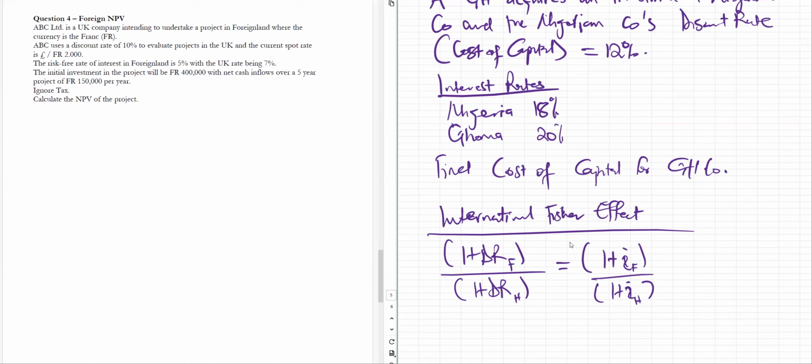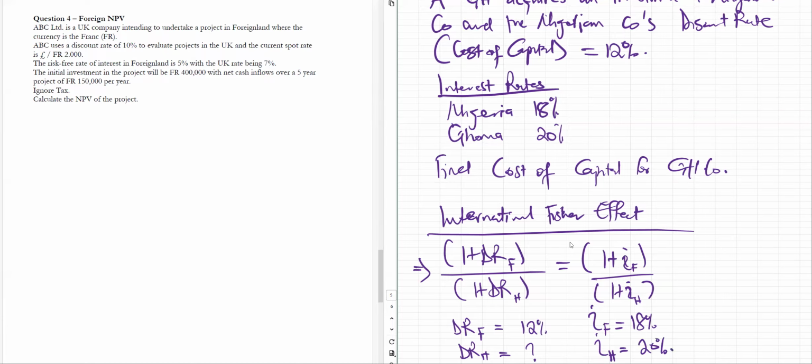It doesn't really matter. Now that we know this, we know our variables. We know the discount rate in the foreign country, which is Nigeria, to be 12%. But the discount rate in our home currency, we don't know; that's what we are finding. But we know that the interest rate in Nigeria, the foreign currency, was 18%, and the interest rate in Ghana, the home currency, was 20%.